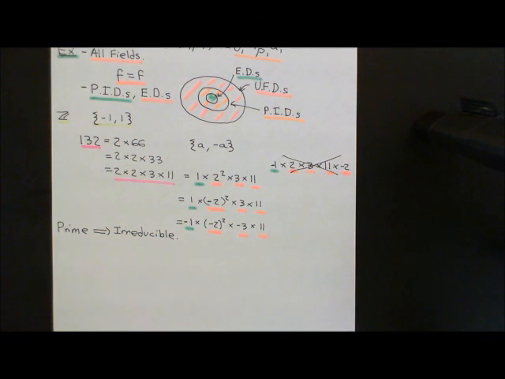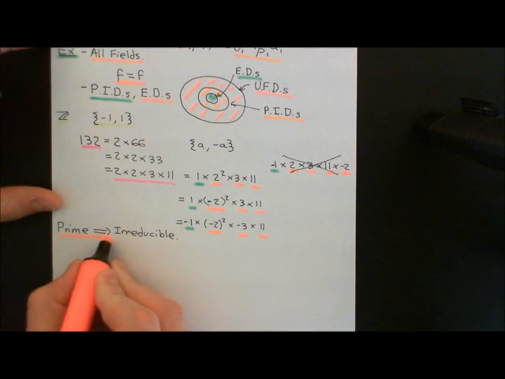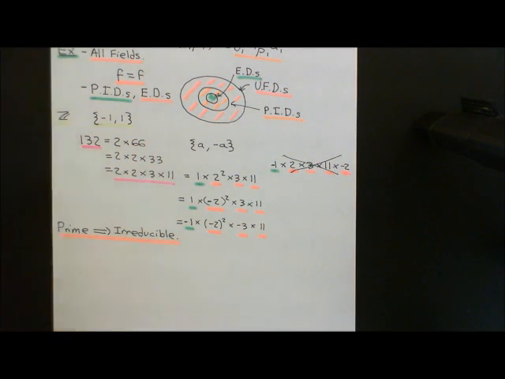We have shown in the video on primes and irreducibles that in an integral domain, a prime element is automatically an irreducible element. So if you're a prime element, it implies that you are irreducible if we're working in an integral domain. Now, since a unique factorization domain is an integral domain, that was the first line that I put there, we can conclude that all prime elements are irreducible elements.